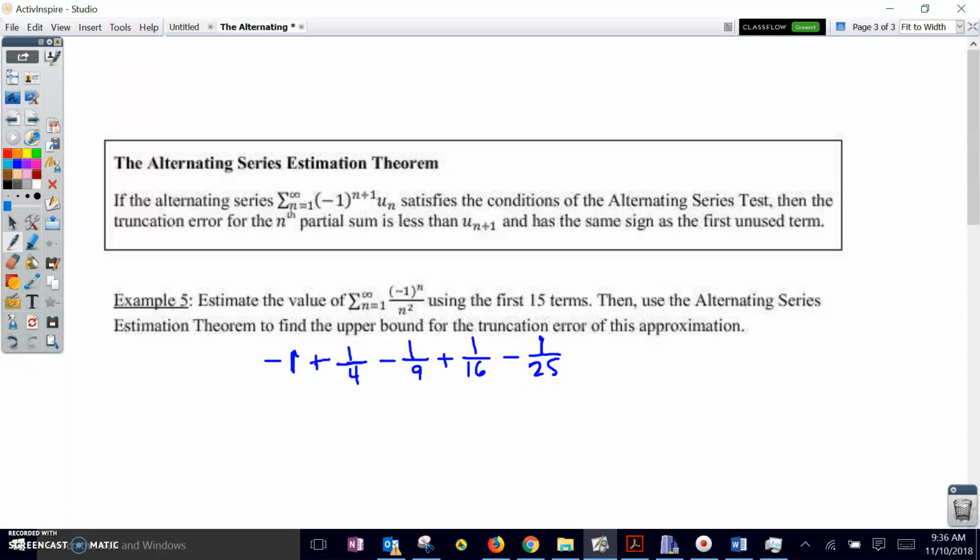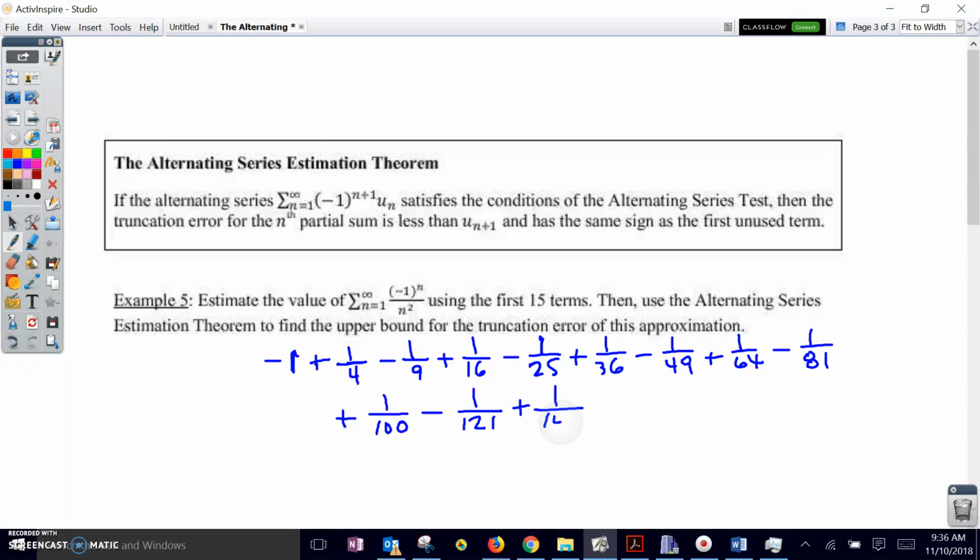It's the first 5 terms, plus 1/36 minus 1/49 plus 1/64 minus 1/81 plus 1 over 100 minus 1 over 121 plus 1 over 144. Okay, and that's going to give us the sum of the first 15 terms.